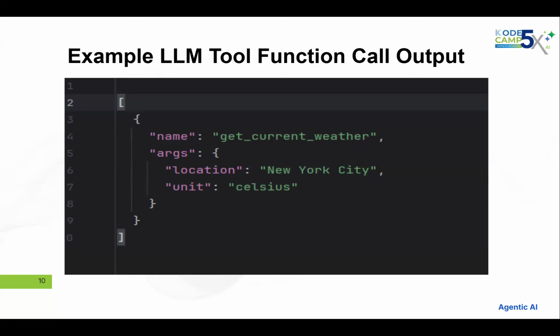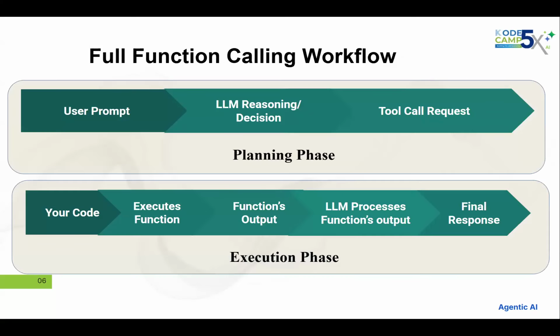Once the model generates this output, the tool call request, you have to implement code. That means when you're building your application, your agent, as the case may be, you will need to implement code that once the LLM produces a tool call request, your code will pass that JSON array that represents the tool call request.